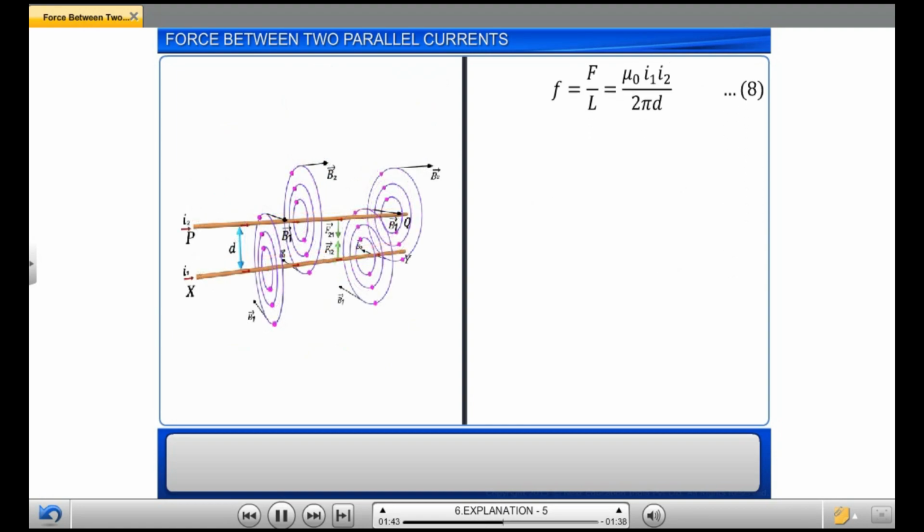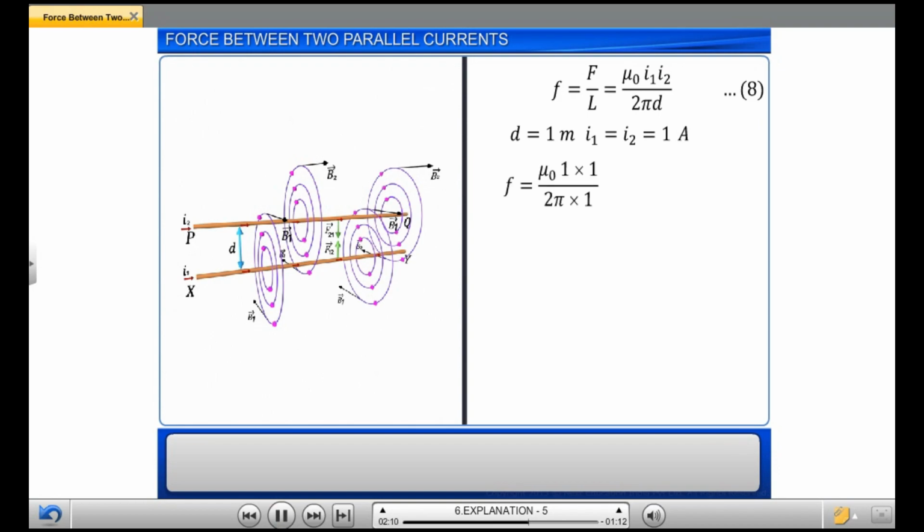Using this expression for force per unit length, let us now define the SI unit, ampere. Let the distance of separation between the conductors d be equal to 1 unit, which is 1 meter. Let the current through the two conductors be equal to 1 unit, which is 1 ampere.